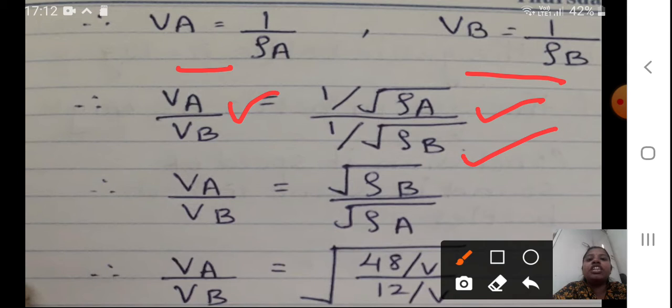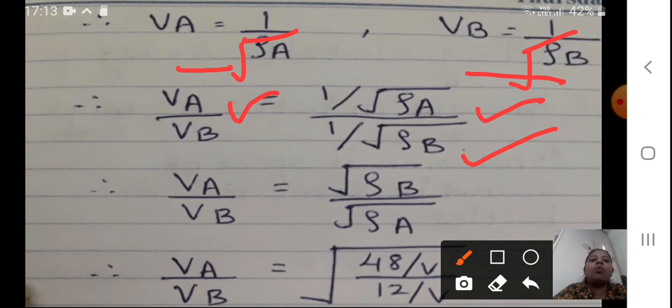When you put it in the formula, both are in root. So VA upon VB is equal to 1 upon root rho A, upon 1 upon root rho B.